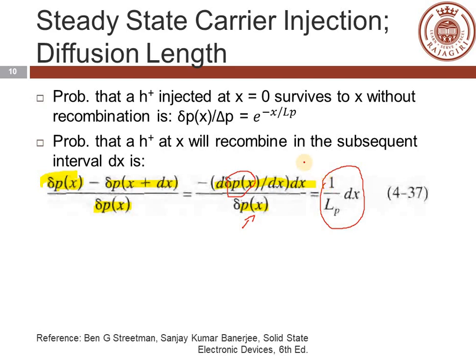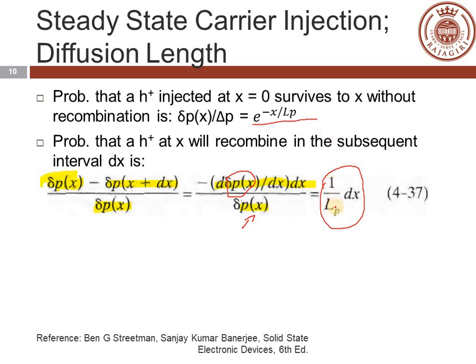So we have assumed the holes injected at point 0 survive till point x, and that probability is e to the power minus x by lp. Then in a further interval, these holes will recombine in that interval dx.